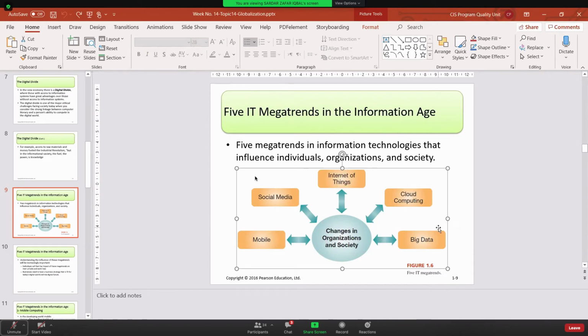Do you agree with this? These 5 trends have really changed people, individuals, organizations, society. What is your thought on it? Want to share something?